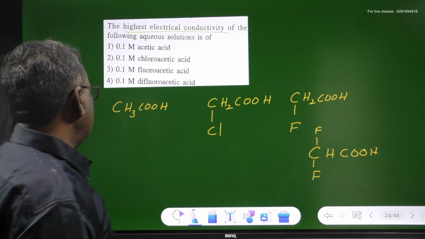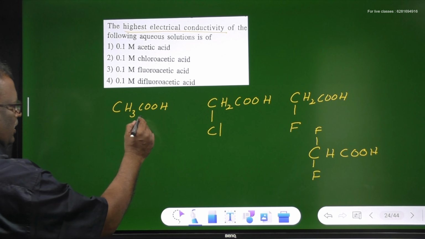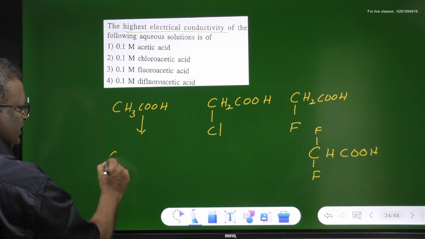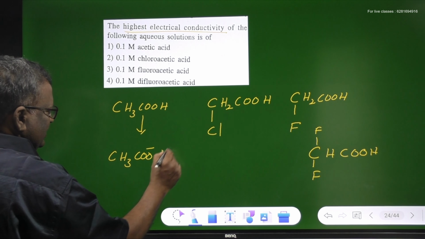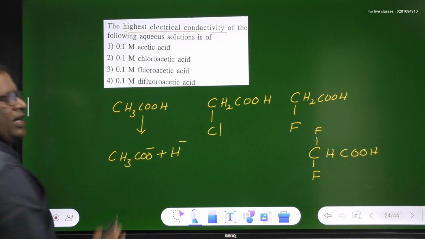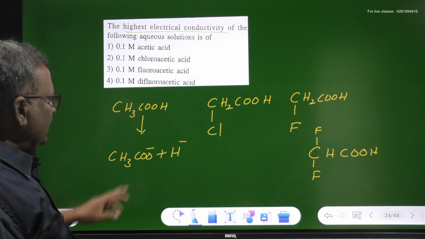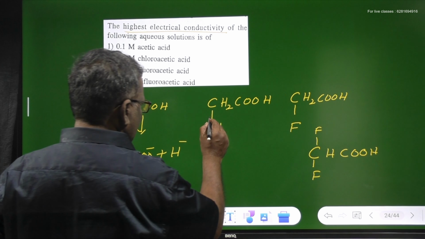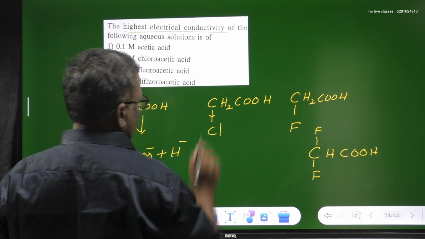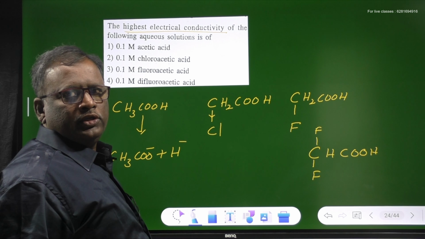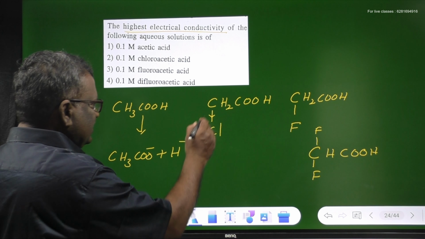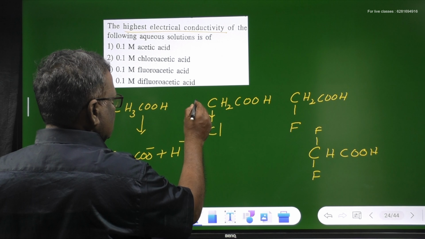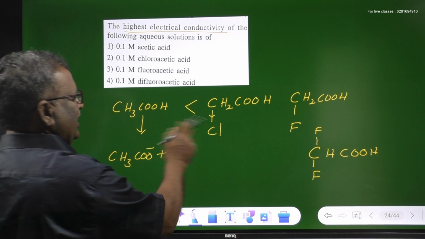Now acetic acid will ionize as CH3COO minus plus H plus. Then only it can conduct electricity. Now here, due to the presence of chlorine, due to the inductive effect, it pulls the electrons. So this will ionize to a greater extent than acetic acid.